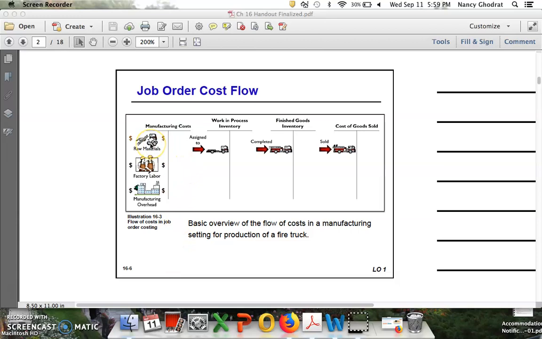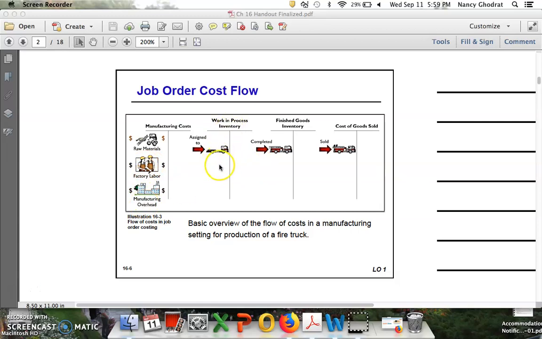Once the raw material, with the help of labor and overhead, becomes work in process, that is going to be called work in process inventory, which is an asset. Same as raw material. Raw material is an asset, whereas factory labor and manufacturing overhead are expenses.